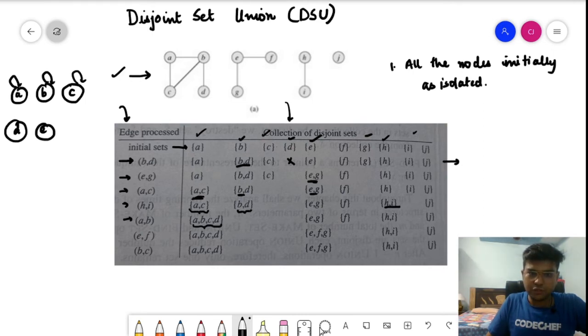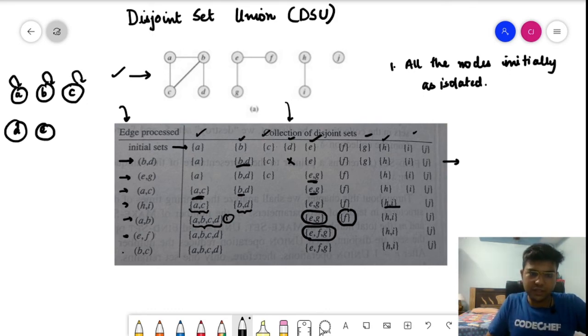The combination of these two sets is A, B, C and D. So this is one bigger set that is formed. Now E and F are combined. This particular E is associated with this particular set, and F is an isolated set that we have. So we have combined this, and now EFG is the final set that we have made after adding this edge.